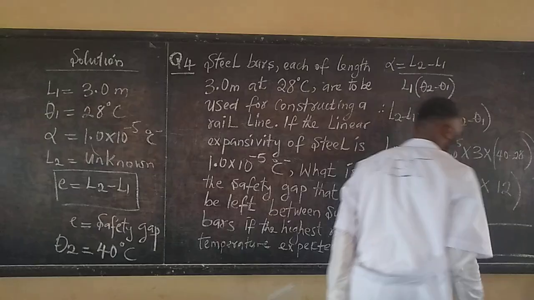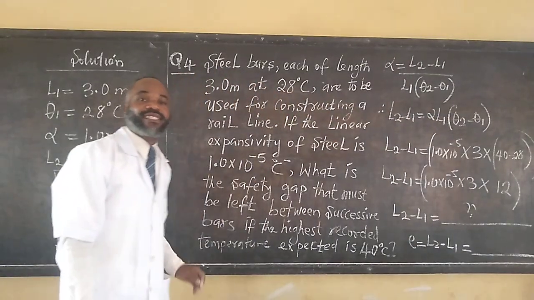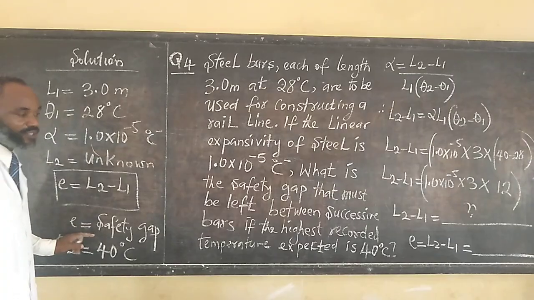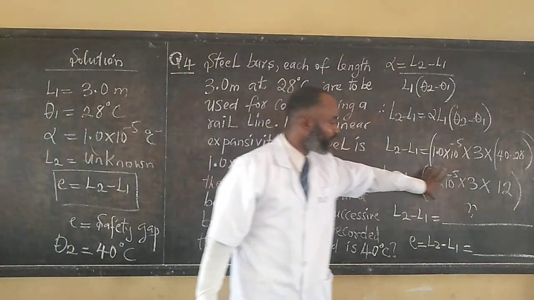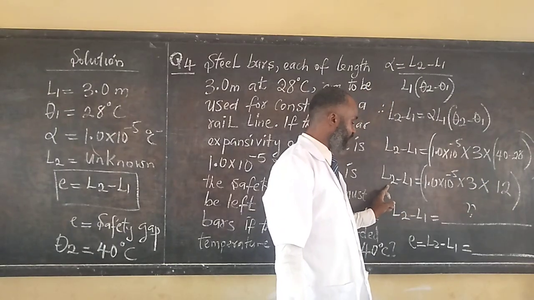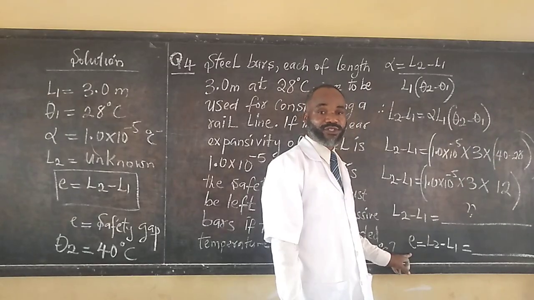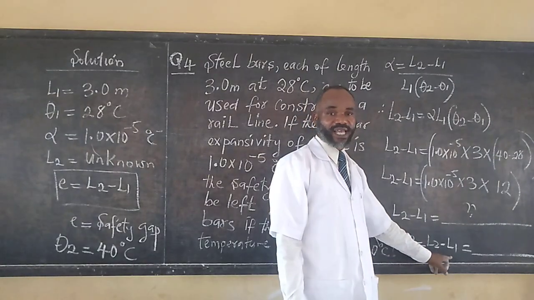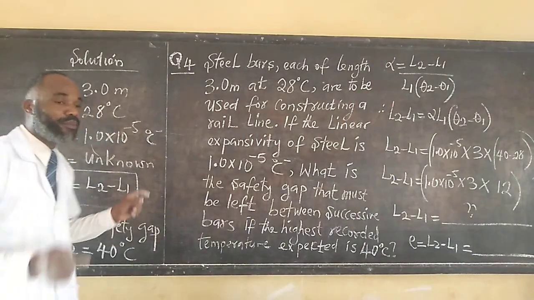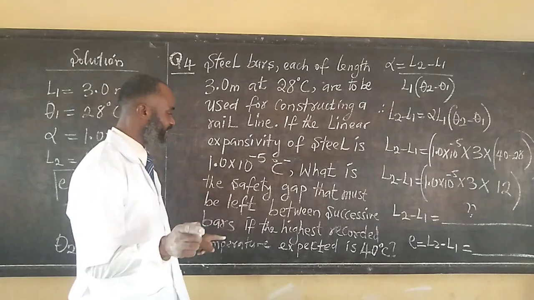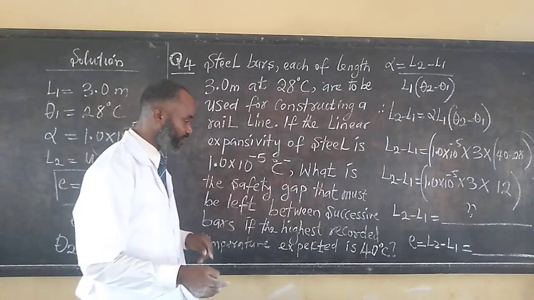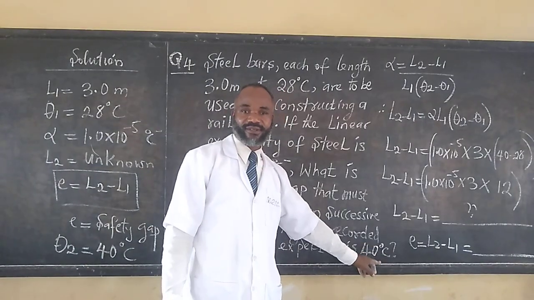Whatever it gives is the safety gap. Once we finish with this and have a figure, we make L2 the subject, after which we find the expansion, which is L2 minus L1. Whatever remains is the safety gap that must be left between successive bars should we record the highest temperature of 40 degrees Celsius. That's it.